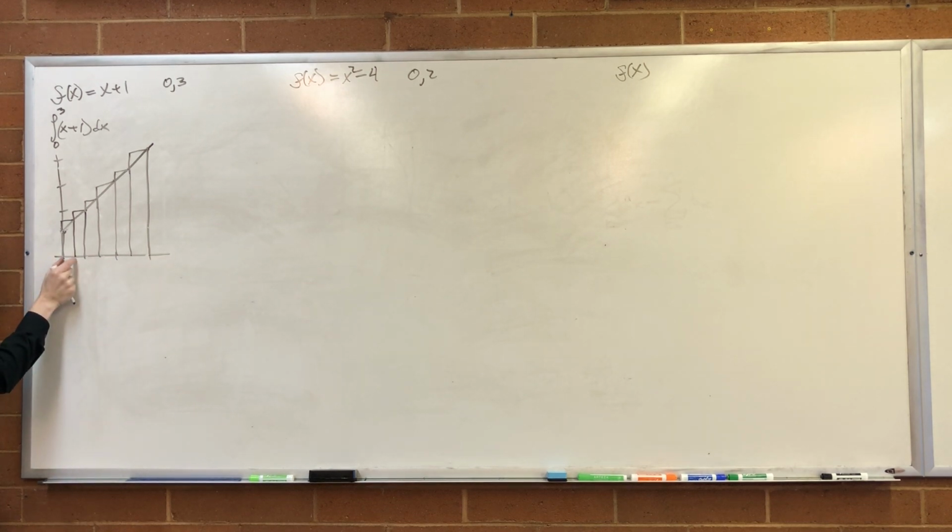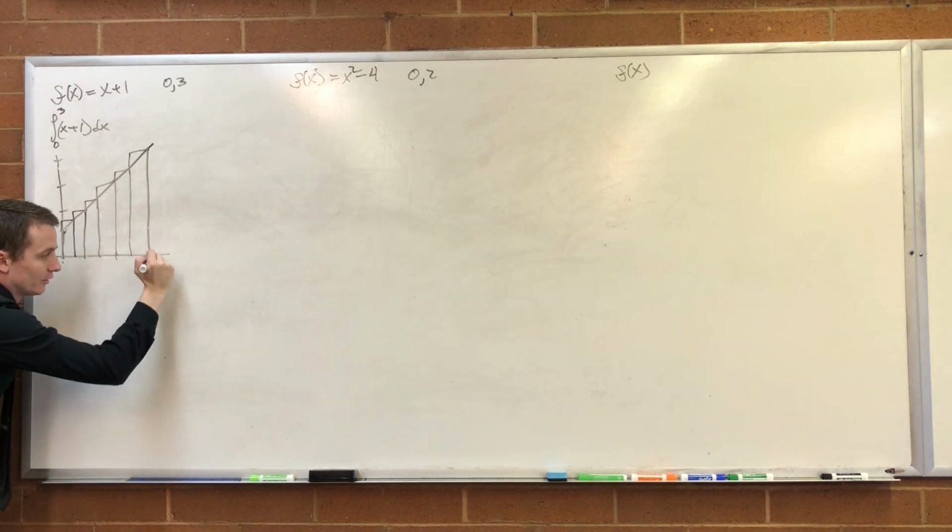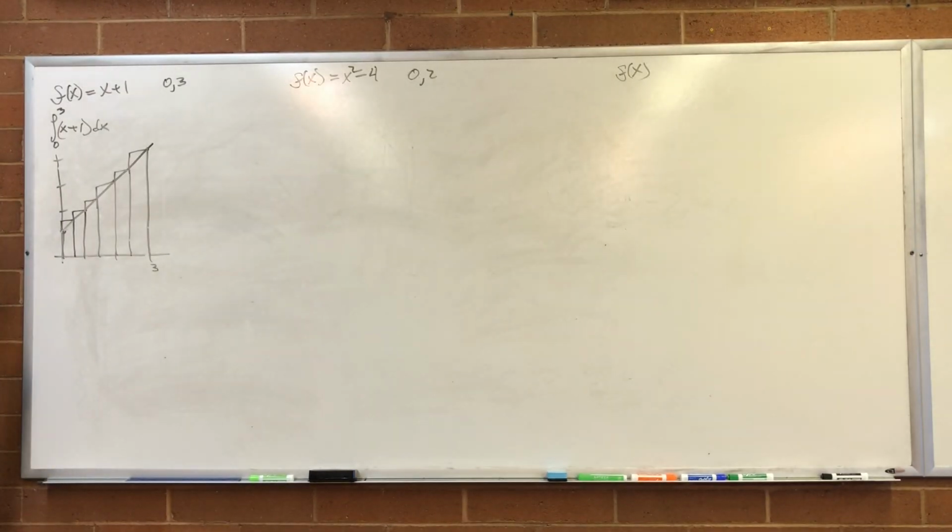So what is this distance right here if we have n of these? Let's actually count it for how many we have. Pretend that these are evenly divided. What's this distance right here? 1/8. So remember all the way to here is 3.